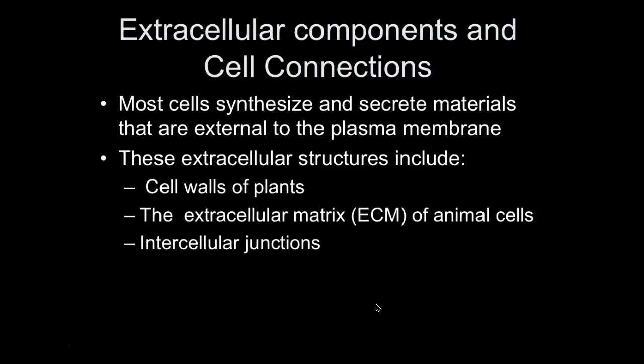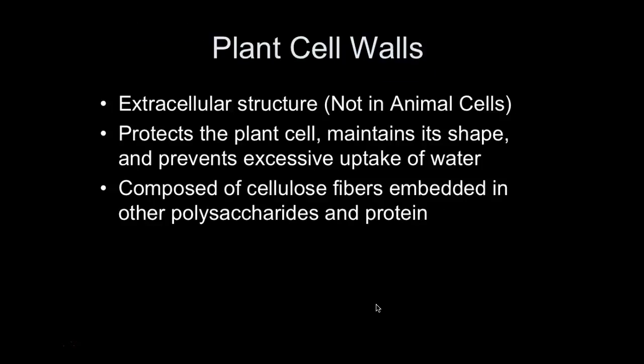Most cells synthesize and secrete materials that are external to the plasma membrane, and we will focus heavily on the plasma membrane in the next chapter and test on these two chapters together. These extracellular structures include the cell walls of plants, the extracellular matrix, abbreviated ECM, of animal cells, and things called intercellular junctions.